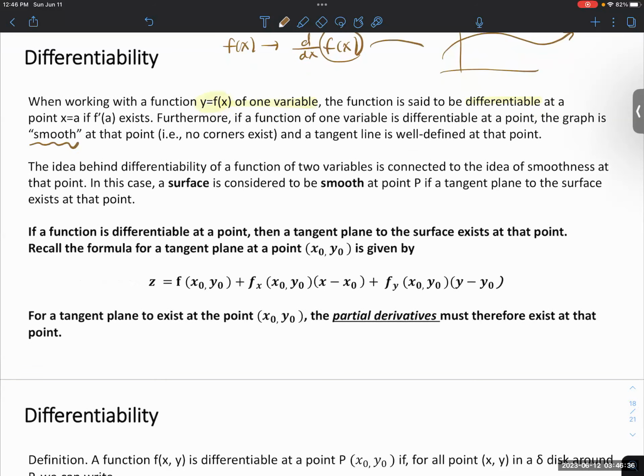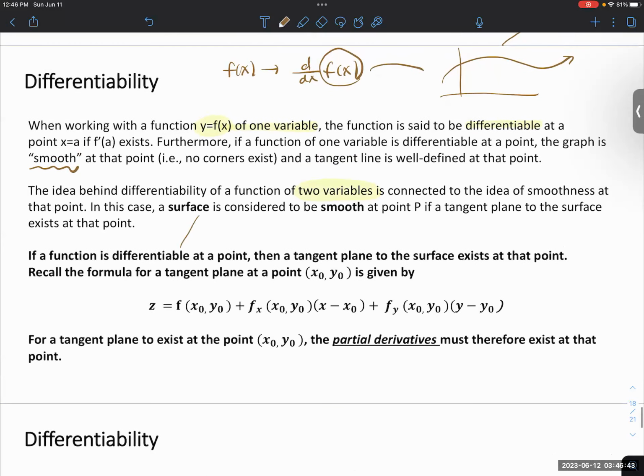Same thing in 3-dimensional space, when you're dealing with two variables, in the surface. When you're talking about the plane, let's say there's a point where x is 0, y is 0. If you want to find this equation, there should be no hole, no break. It should be a smooth point, a smooth plane of the tangent line.